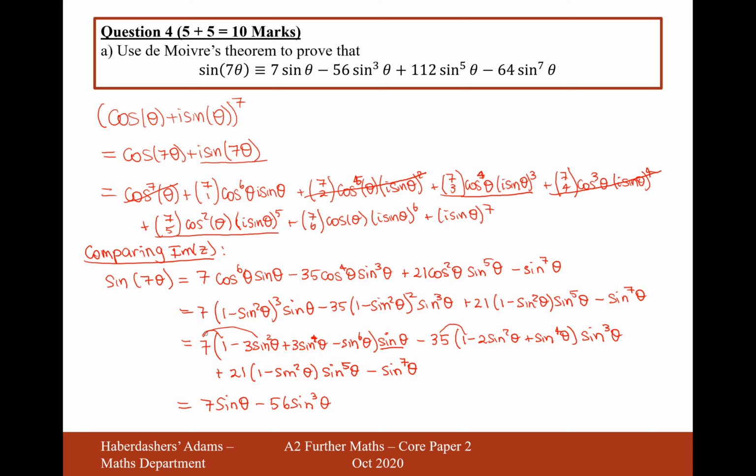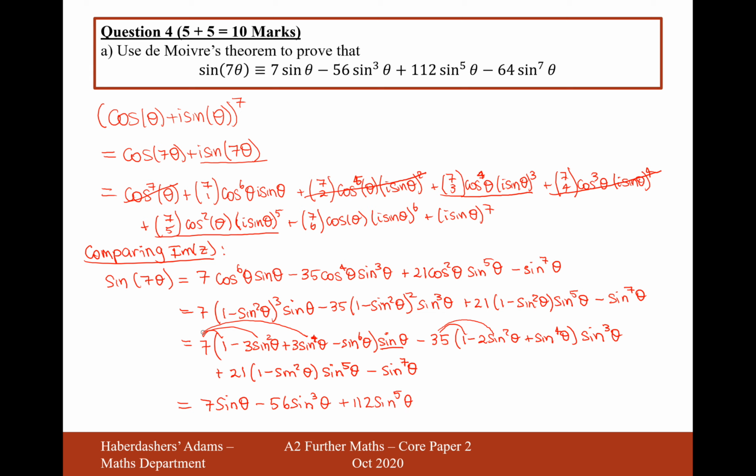Then the next bit's going to be 21 sine cubed and minus 35 times 2 sine to the power of 5. Oh, so it's sine to the power of 5 now, so it's 21 plus 70, and then it's going to be plus 21, so that will give us 112 sine to the power of 5 theta.